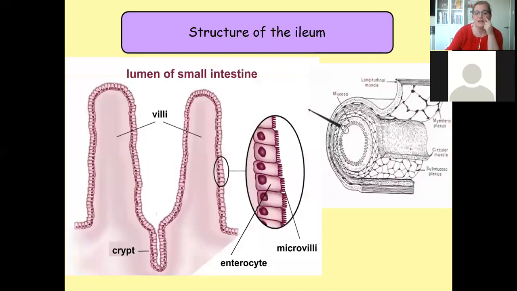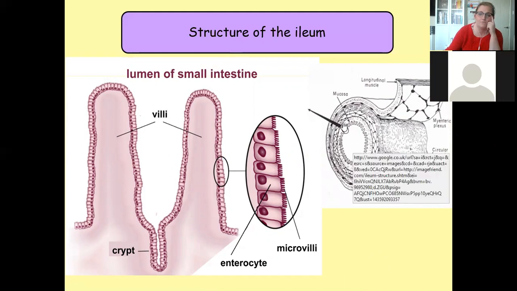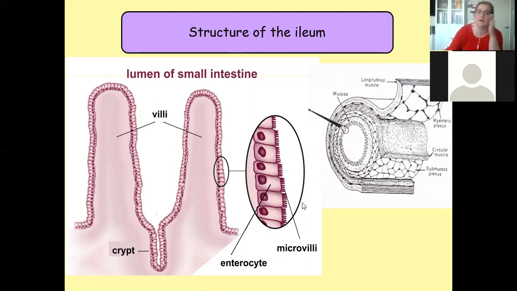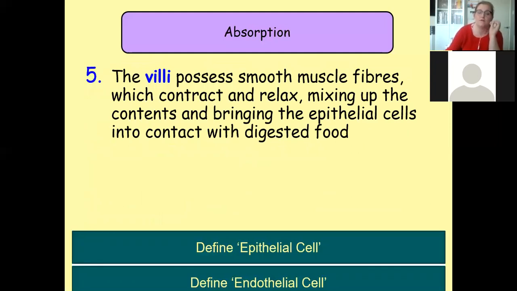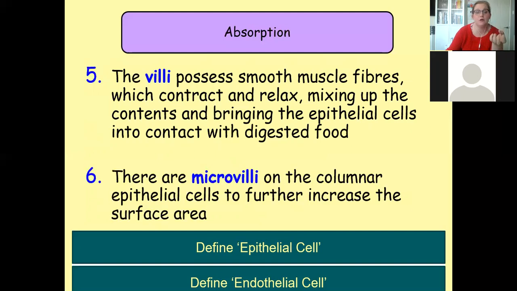If we have a look at our ileum, we have the lumen of our small intestine up here. There we go, that's our lumen. And here we have our villi, and if we look closer, we have the microvilli on top of our villi. The villi possess smooth muscle fibers, which are able to contract and relax. The contraction and relaxing motion mixes up the contents and brings the epithelial cells into contact with the digested food.